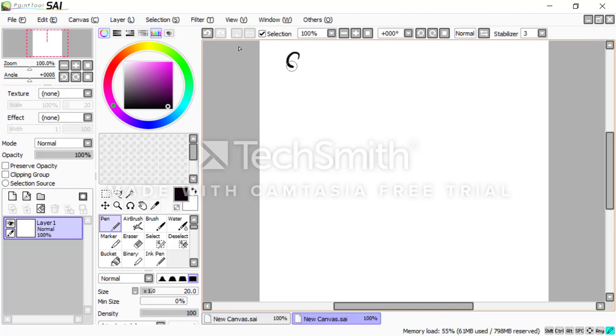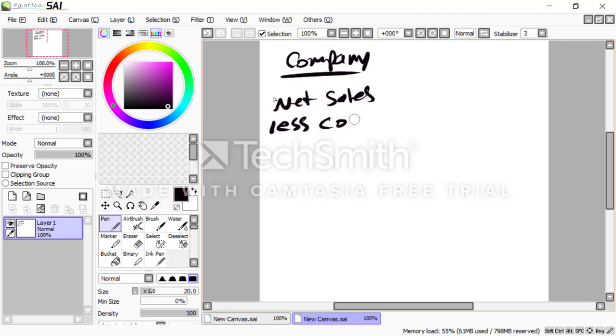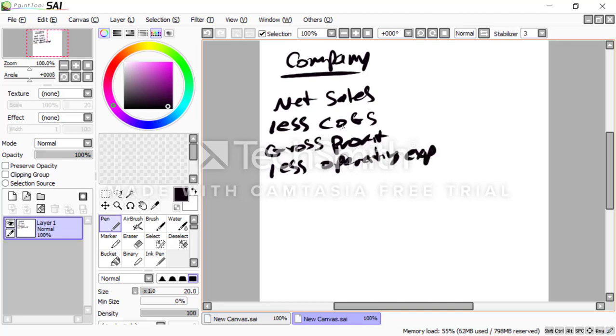For the company, we will have an income statement here, and it will have net sales, less cost of goods sold, gross profit, less operating expenses, and net profit.